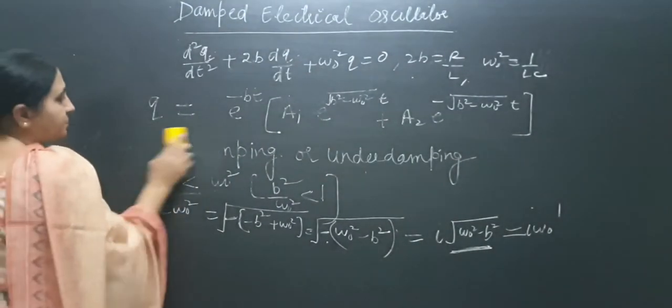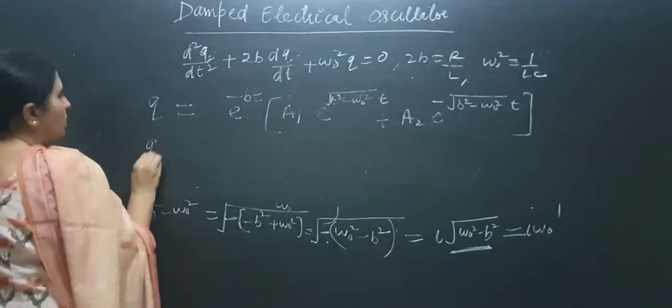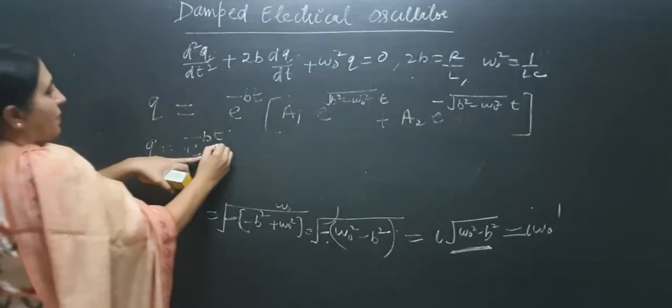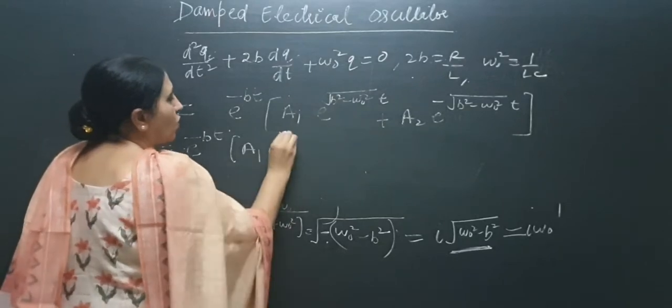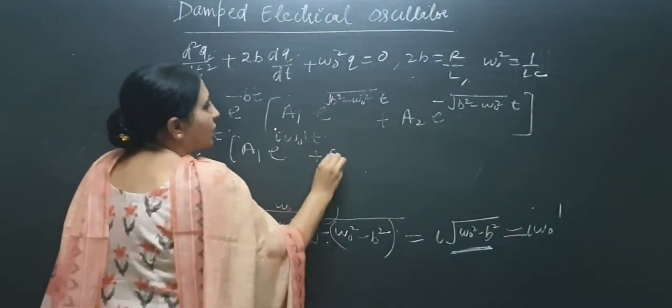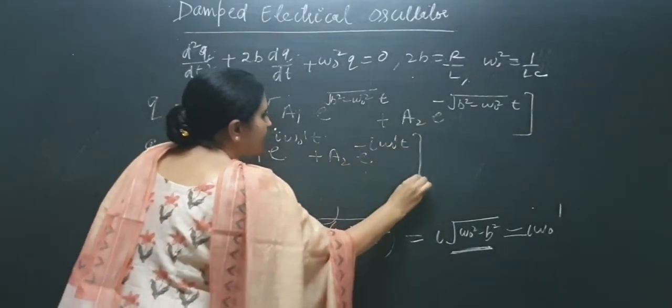What you get in the case of light damping, Q is equal to e raised to power minus bt, a1 e raised to power iota omega naught dash t plus a2 e raised to power minus iota omega naught dash t.